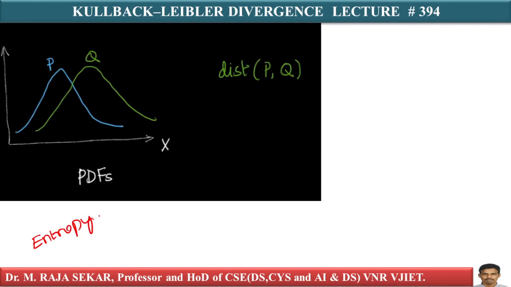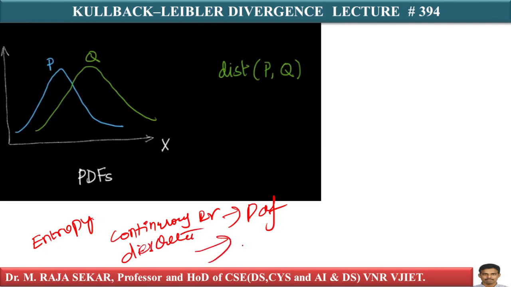So the question is simple. Imagine I have two distributions. Again, these are two PDFs or PMFs. If it is a continuous random variable, I can say it is a PDF. If it is a discrete random variable, I can say it is a PMF, isn't it?